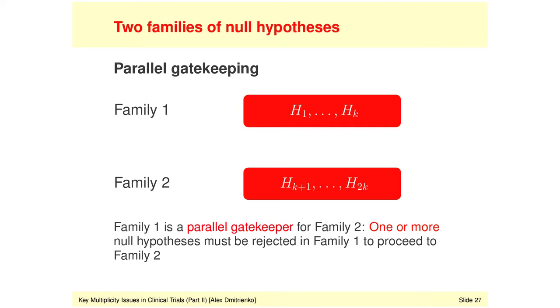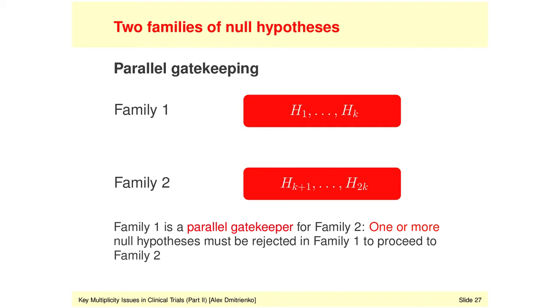As we saw on slide 27, the parallel gatekeeping condition enables more flexible testing strategies, because to be able to pass a gatekeeper, we no longer require that all null hypotheses must be rejected within that gatekeeper. It is sufficient to reject a single null hypothesis.